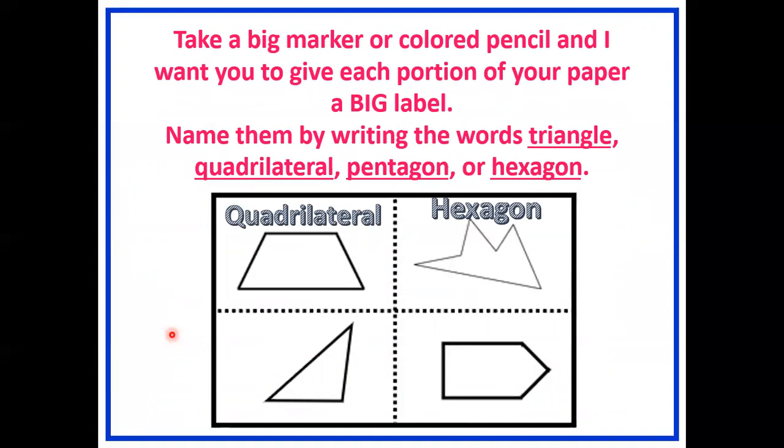We've got our hexagon. We've got our triangle. And we have our pentagon. I want you to draw the words nice, big and bold with a big marker or a big crayon or a big colored pencil so that your brain connects that a figure that has this many sides, a polygon that has this many angles, has this name every single time.